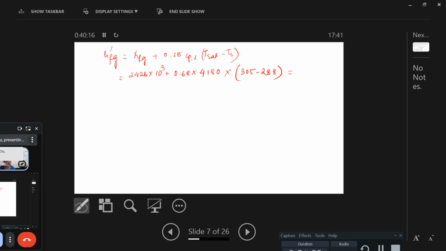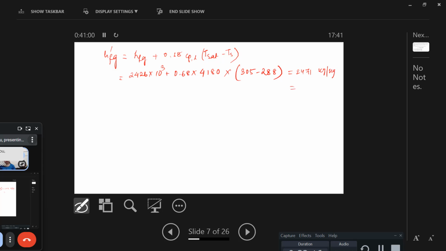If we calculate this whole thing, it will be equal to 2471 kilojoule per kg.